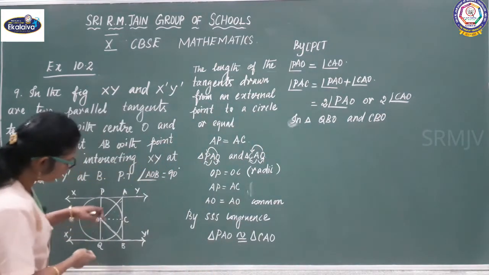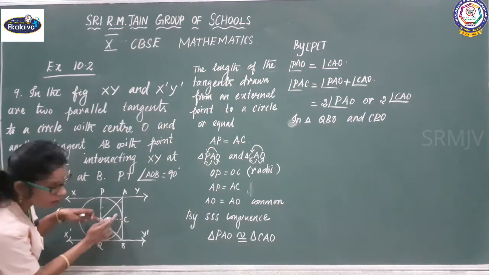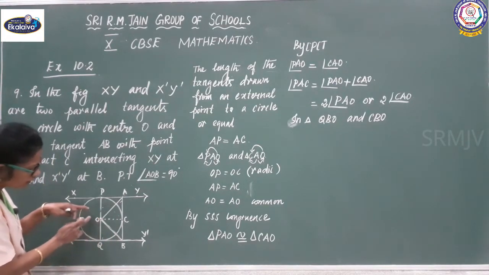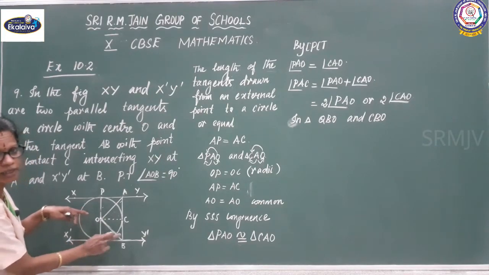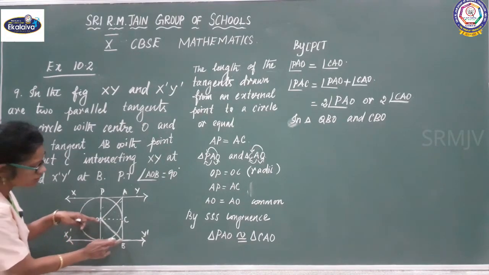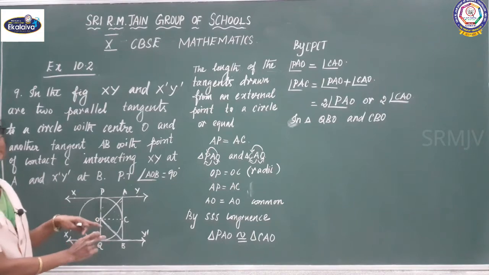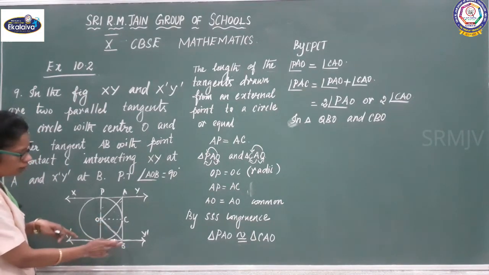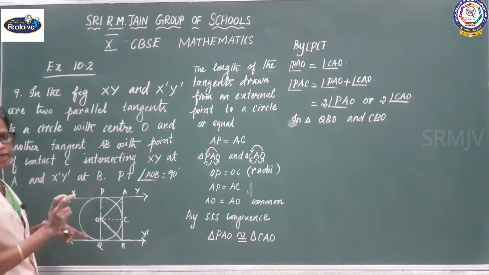Again you are going to take two triangles, it is a quadrilateral, that we call a cyclic quadrilateral, right? Because inside the circle the triangles are there, the figure represents a quadrilateral, we call it a cyclic quadrilateral, right? QBO, CBO, two triangles you took.